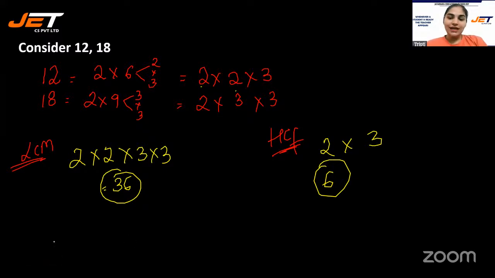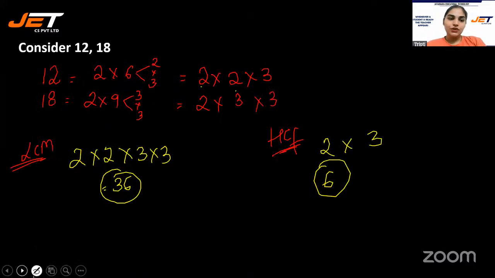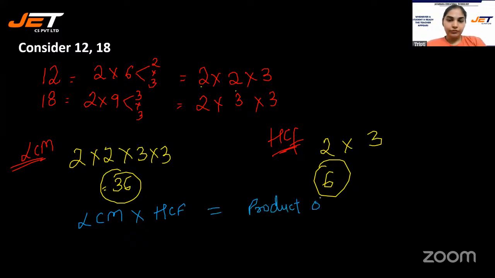Now, in the last question, you saw that the product of LCM and HCF is equal to the product of numbers. So let's do LCM times HCF, which should be equal to the product of the two numbers.